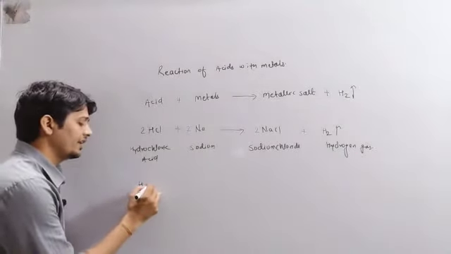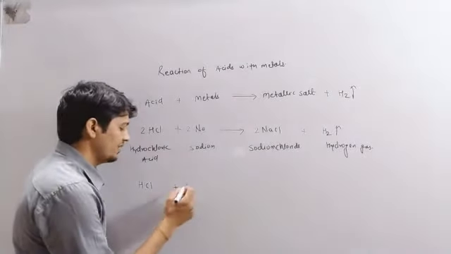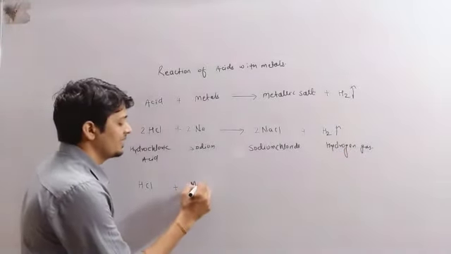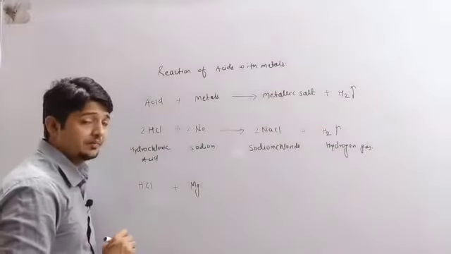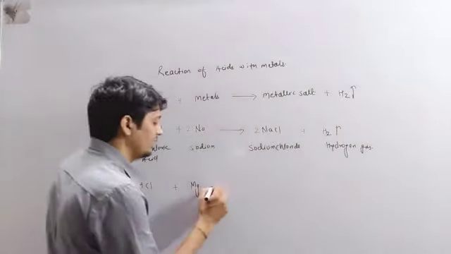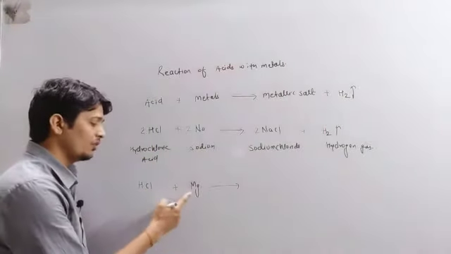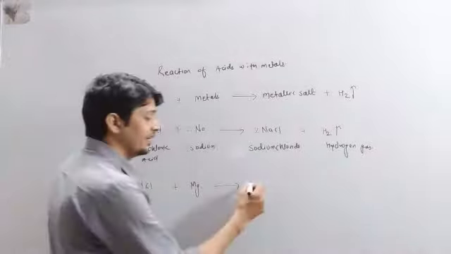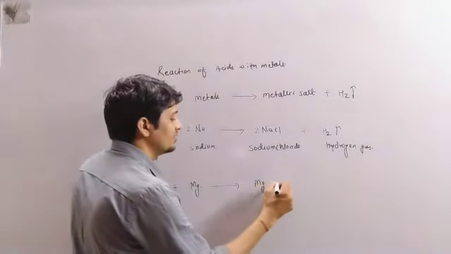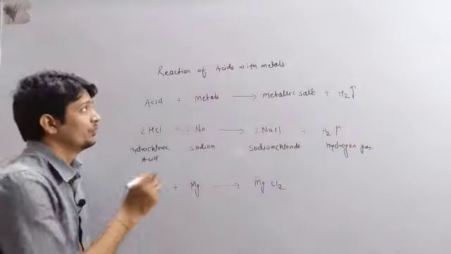Again we are taking HCl as an acid, and we are reacting HCl with magnesium metal. You see, it is a moderately reactive metal. So when magnesium metal reacts with hydrochloric acid, it will form magnesium chloride. It is MgCl2. See, the valency of magnesium is 2.